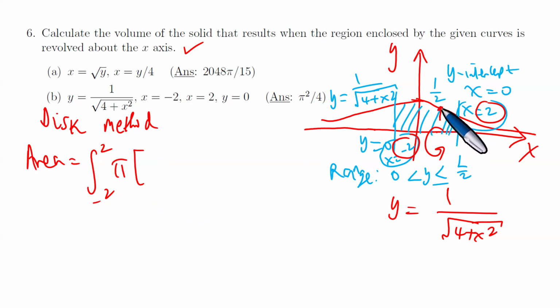So now this is going to be a disk. Disk means you rotate about this axis, and you have to find the outer radius. The outer radius is exactly y equals this, which is 4 plus x squared. And then what is y? You do y minus y here.